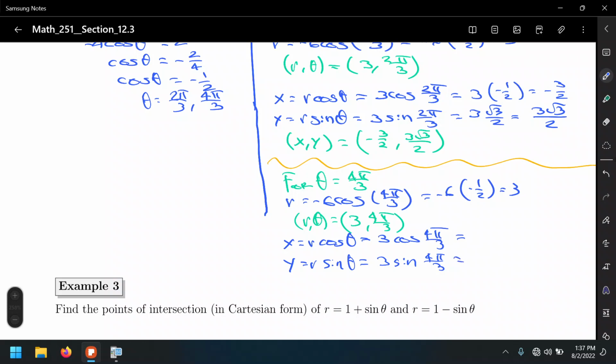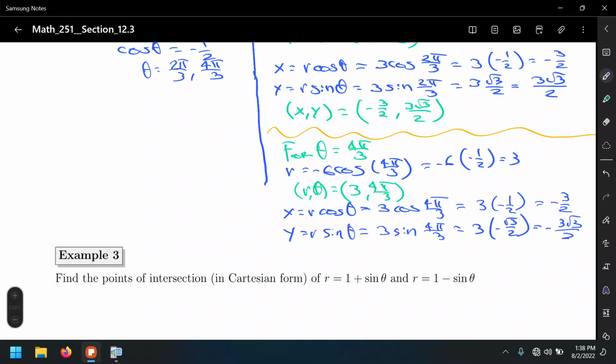On the one hand, cosine 4 pi over 3 is -1/2, so that's 3 times -1/2, which is -3/2 also. And sine 4 pi over 3 is -√3 over 2. Do I have the correct signs? Yes. All right.